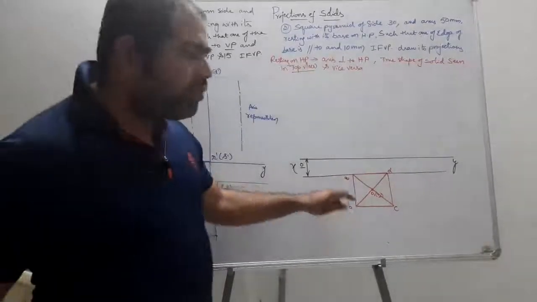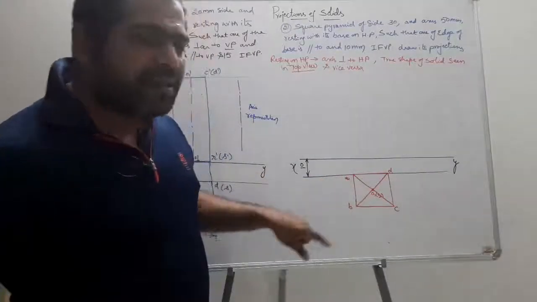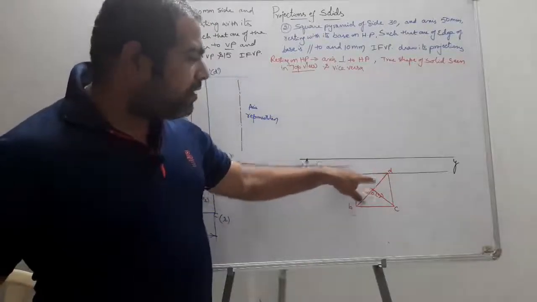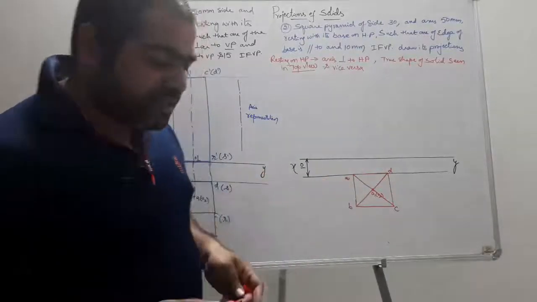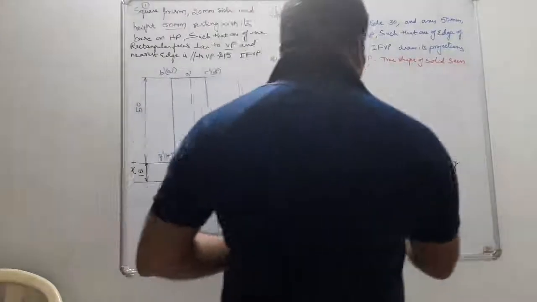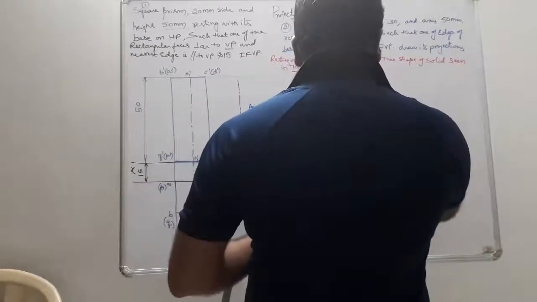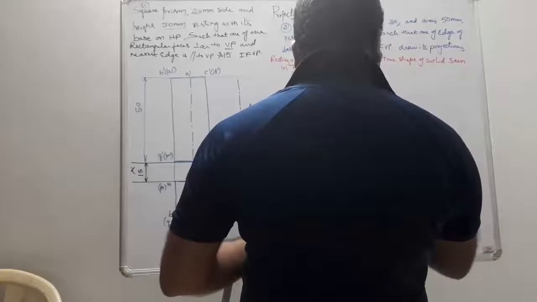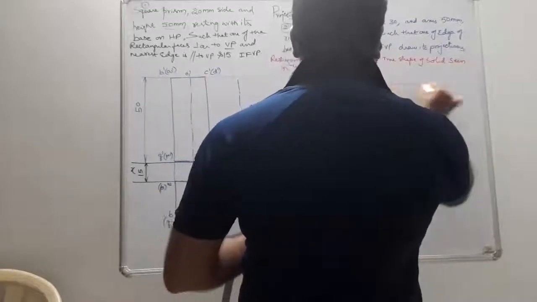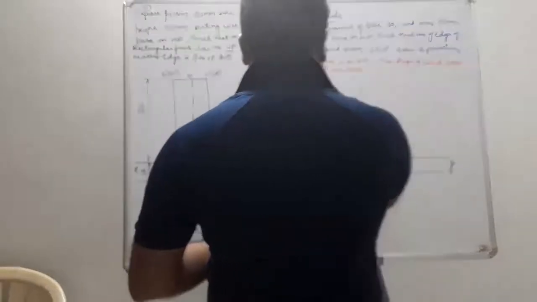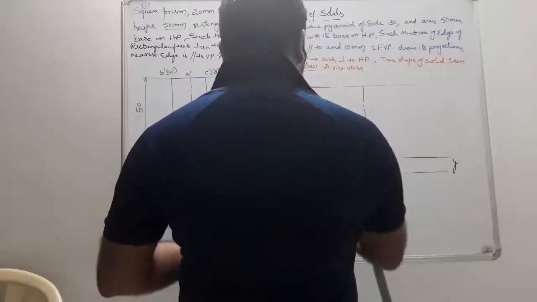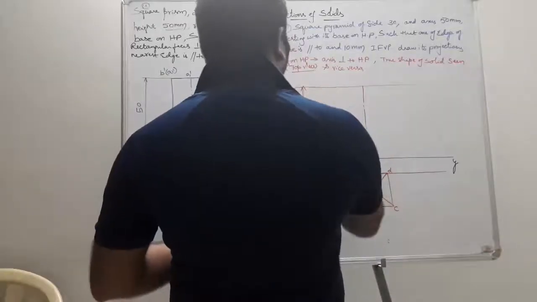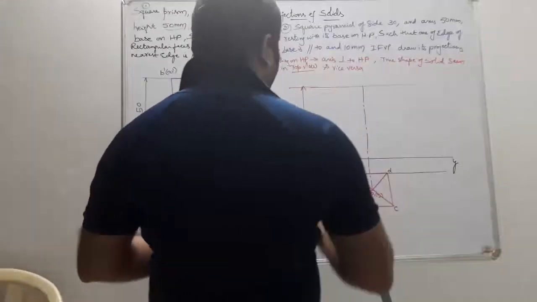Here, only one base and apex, joining all the corners of the base edge to the apex. And I know the height of the axis, which is given as 50.